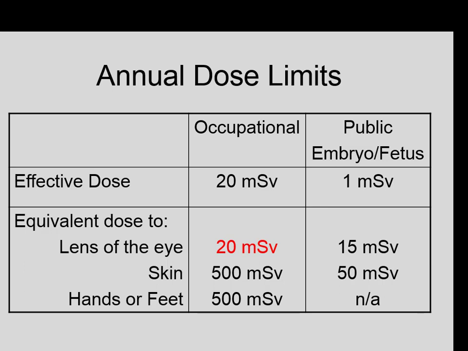This is because that dose limit was recently reduced to 20 millisieverts per year following a discovery that there's a higher risk of exposure to the lens of the eye. I should emphasize that the organ dose limits are in terms of equivalent dose, so they haven't been modified by the type of tissue that's being exposed. They're simply absorbed dose multiplied by the radiation weighting factor.